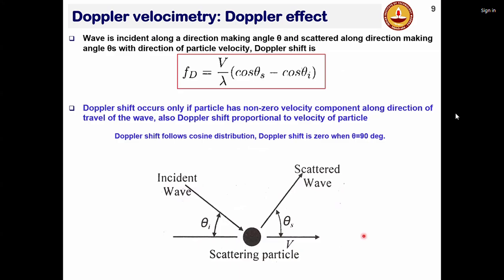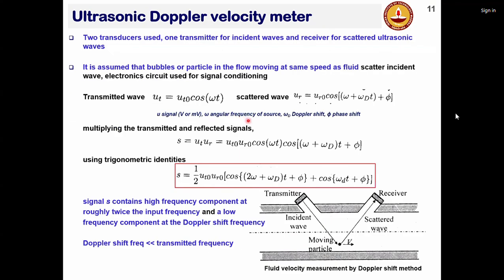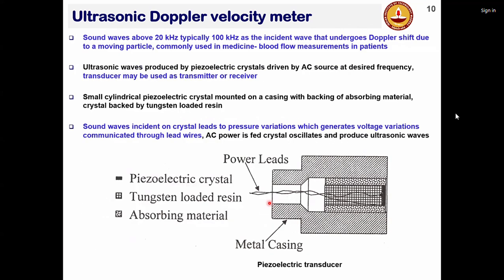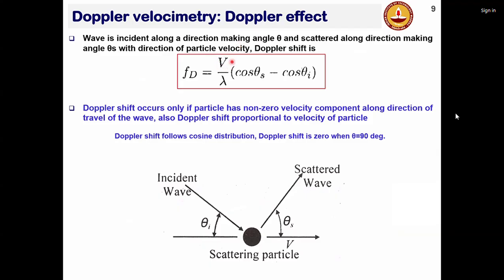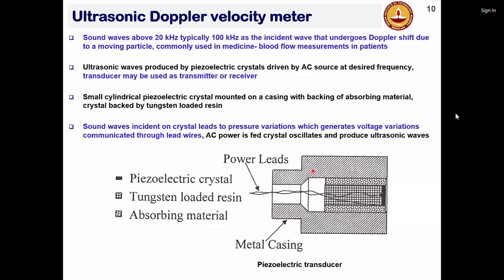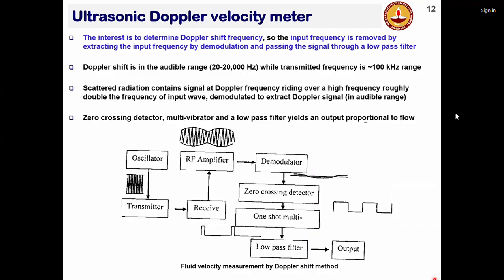FD is obtained from the measurement. The wavelength is known because if you actuate the signal at a certain frequency, you know what wavelength is being generated. Then the only unknown becomes V. This can be included in the control system to finally give you the flow velocity. That is how an ultrasonic Doppler velocimeter works.